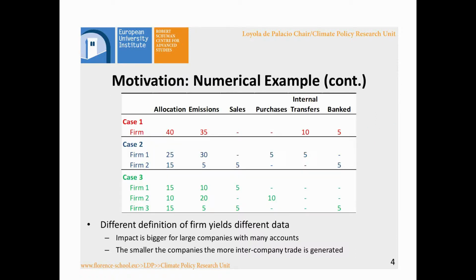In this table, I have color-coded the three cases from the previous slide. You can see on top the first case, where we have one firm, we can sum up the allocation and emissions across the associated installations. And we can collect the information on transfers and banking.